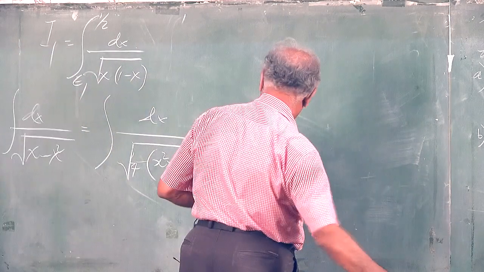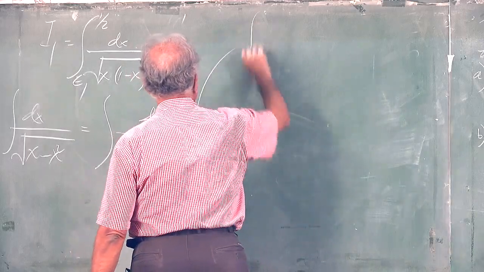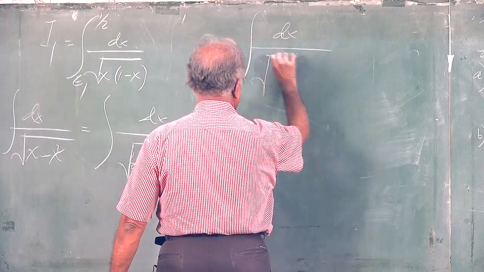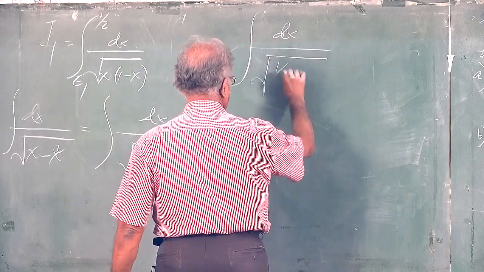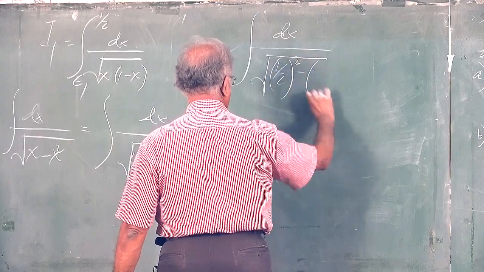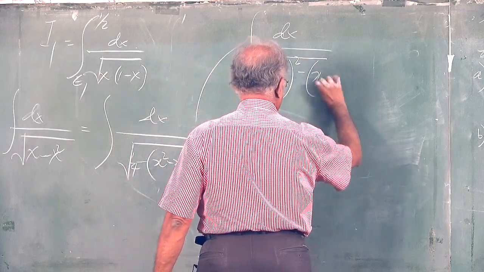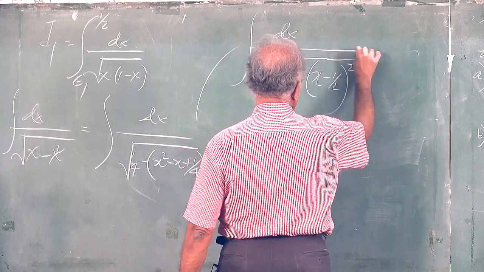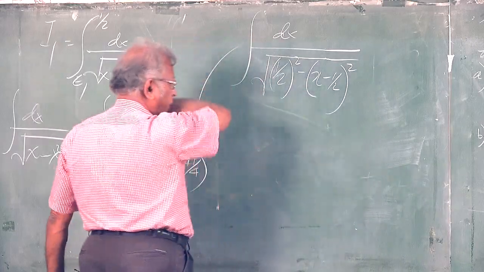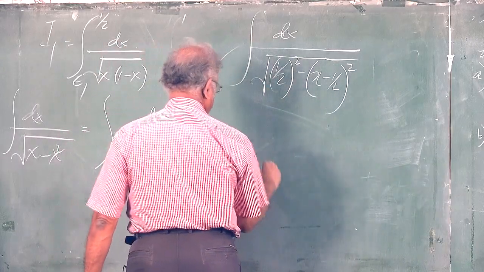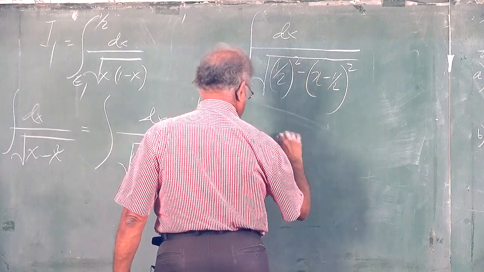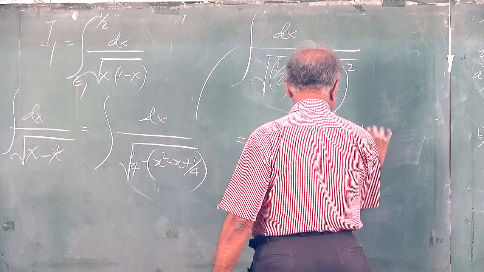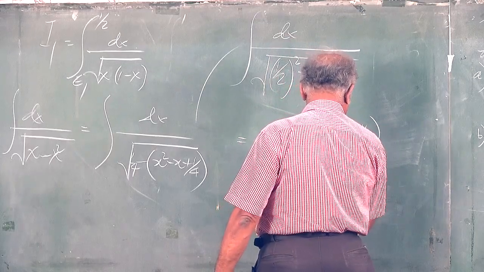Now this is nothing but the integral of dx over the square root of half square minus x minus half whole square. This is of the form a square minus h square, so the result is sine inverse of x minus half over half.